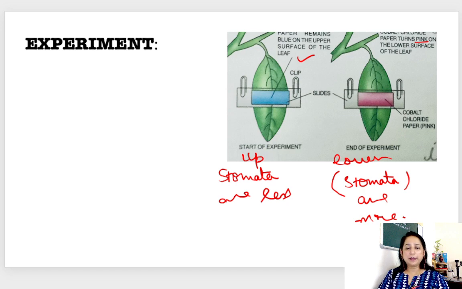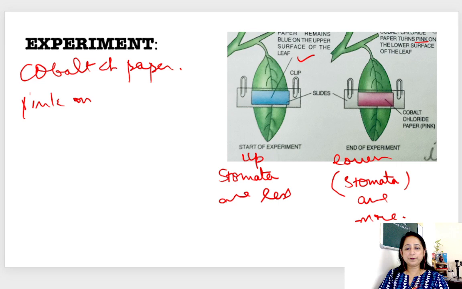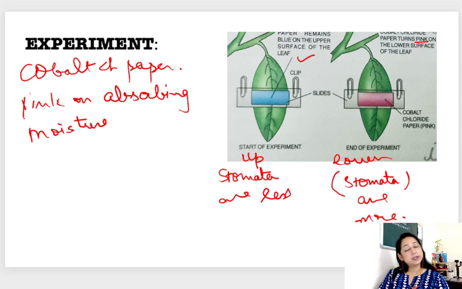Cobalt chloride paper has a tendency to turn pink on absorbing moisture. तो ऊपर वाले सरफेस पे जो कोबाल्ट क्लोराइड पेपर रखा है, it's still blue because the amount of transpiration taking place is less, but on the lower surface it turns pink more quickly because the number of stomata on the lower surface is more.